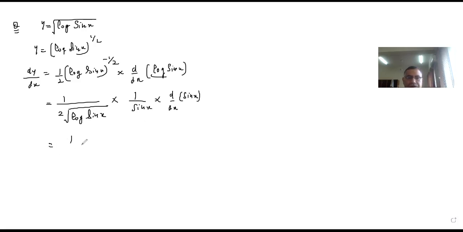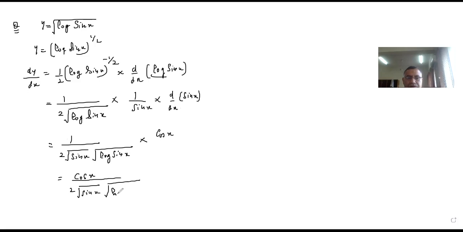So this is 1 by 2 under root log sin x, into cos x over sin x. So dy by dx is cos x upon 2 sin x under root log sin x. This is the answer.